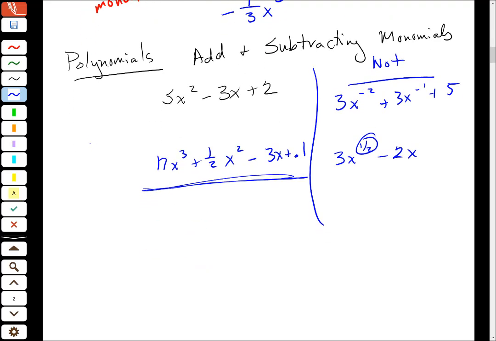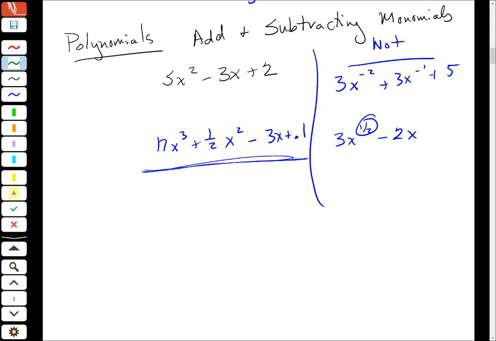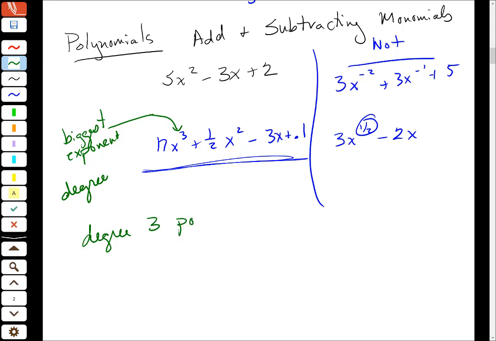Okay. For polynomials, you probably remember that the biggest exponent, like here it's 3, is called the degree. So this is a degree 3 polynomial, right? We also typically write these in descending degree, so it's not an accident that the degree here is 3, the degree here is 2, the degree here is 1.